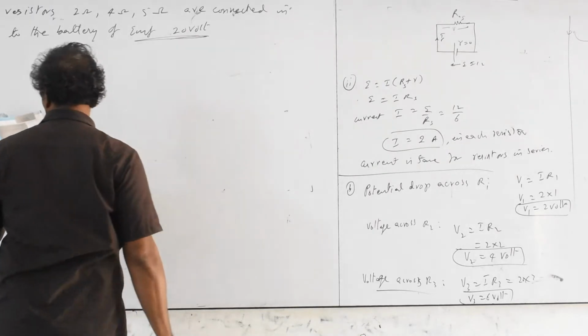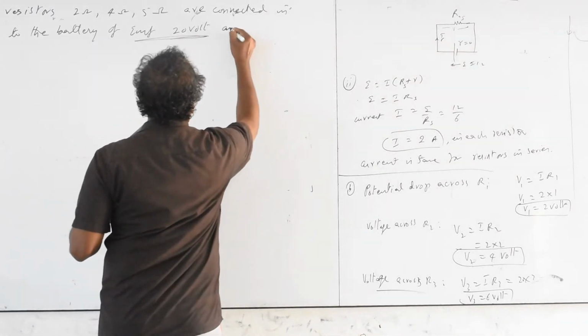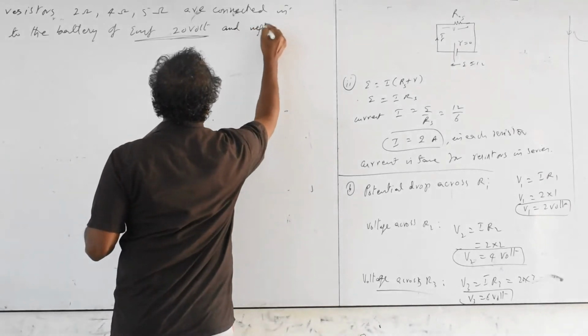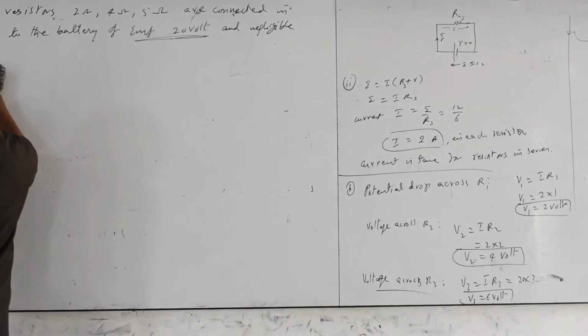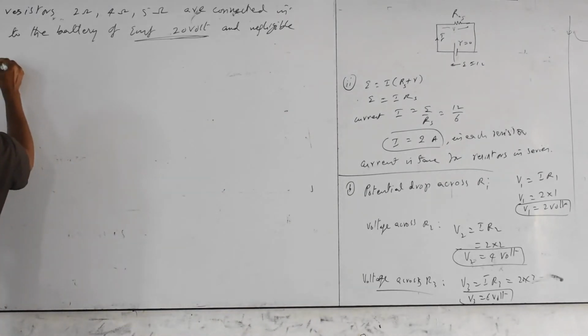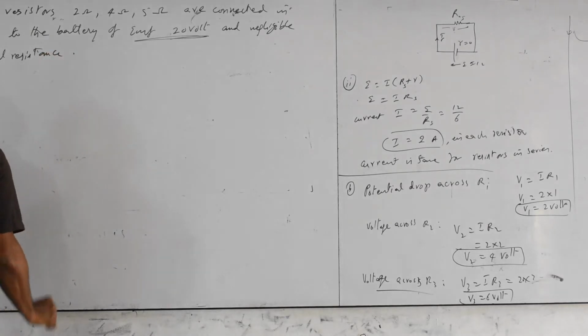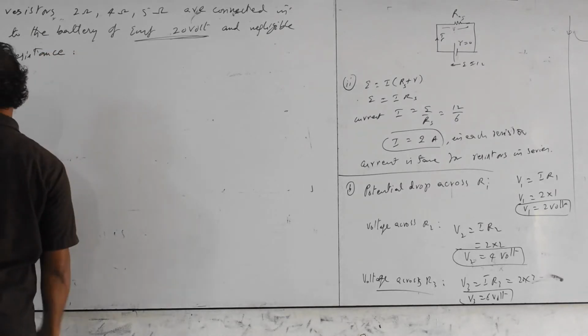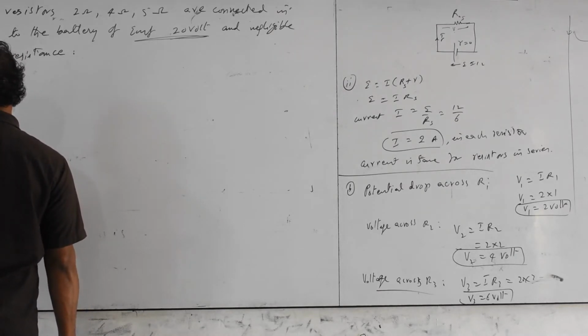The battery has negligible internal resistance. You have to find the equivalent resistance, the current through each resistor, and the total current through the battery.